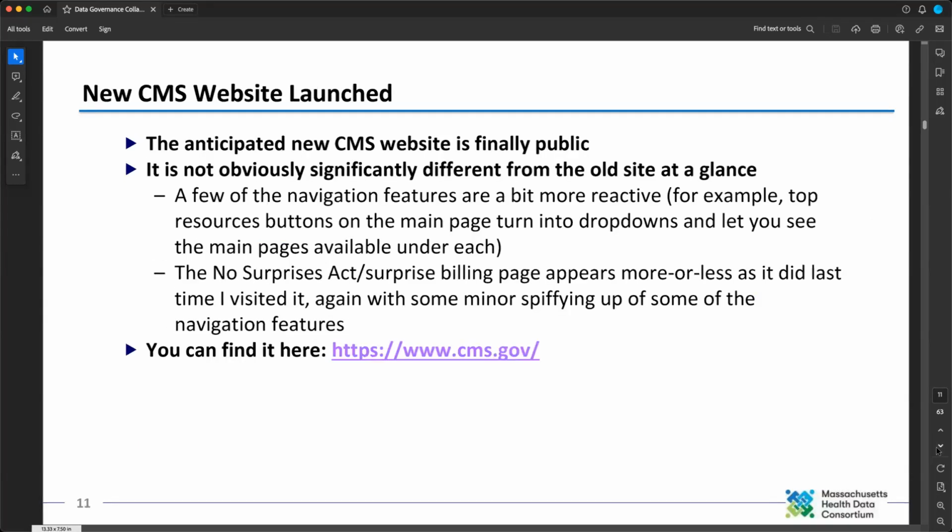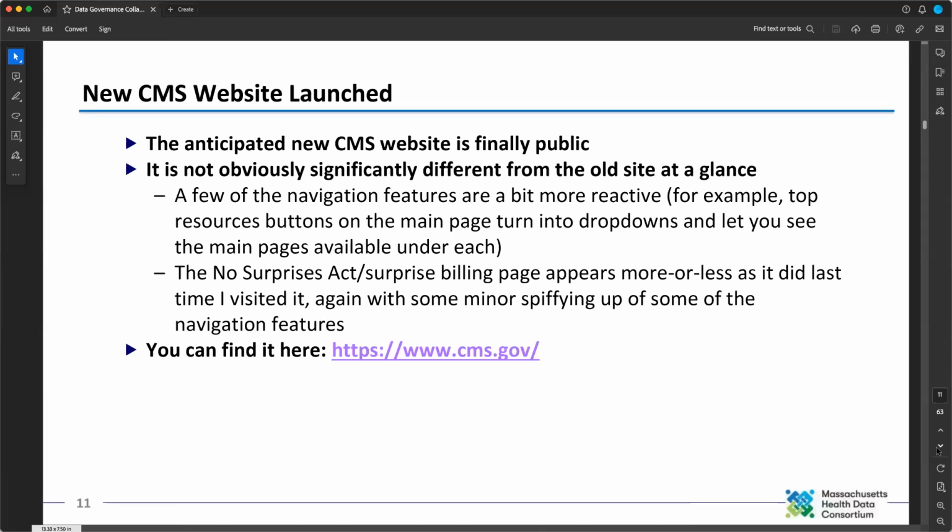So I believe this is the last update. I wanted to mention this because we've talked about it before and CMS has been hyping it. Their new website was launched. I've got to tell you that it's not a huge difference. The navigation was improved slightly if you like reactive contextual navigation.